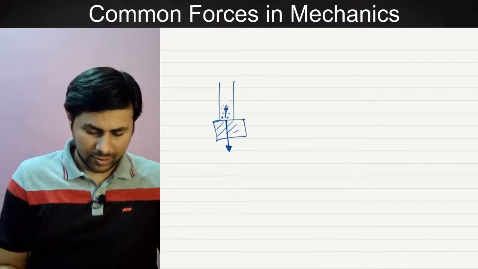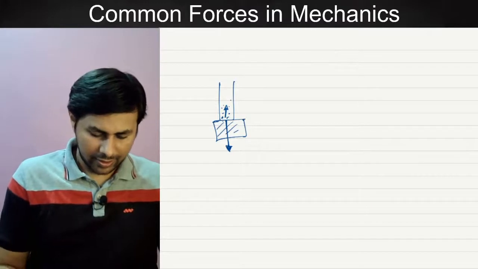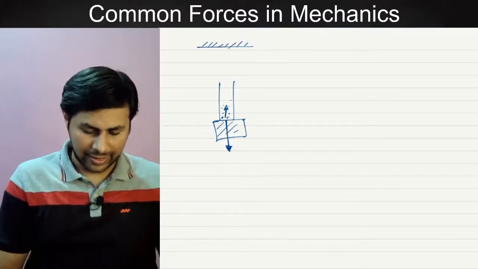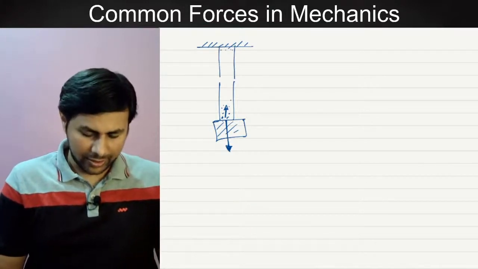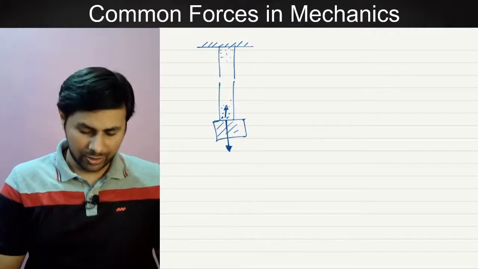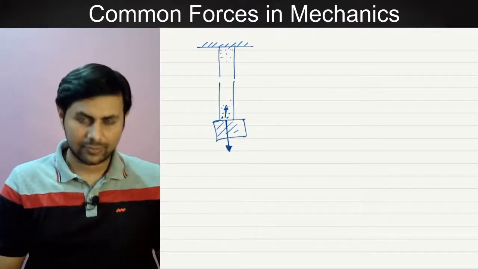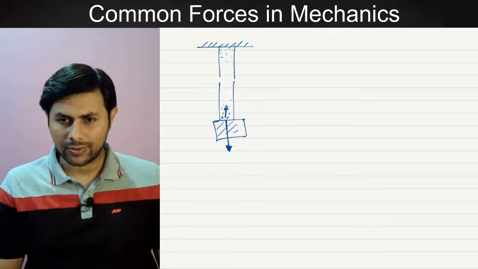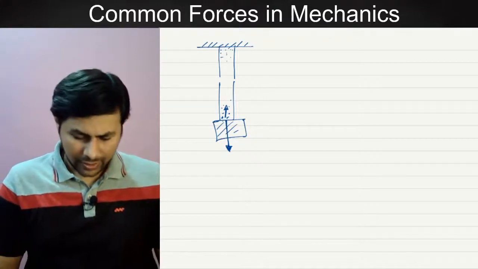But now the string is, let's suppose it is connected to some rigid support like this. It's connected over here. At this point, in what direction the force will be directed? Okay, thanks Sarvesh.